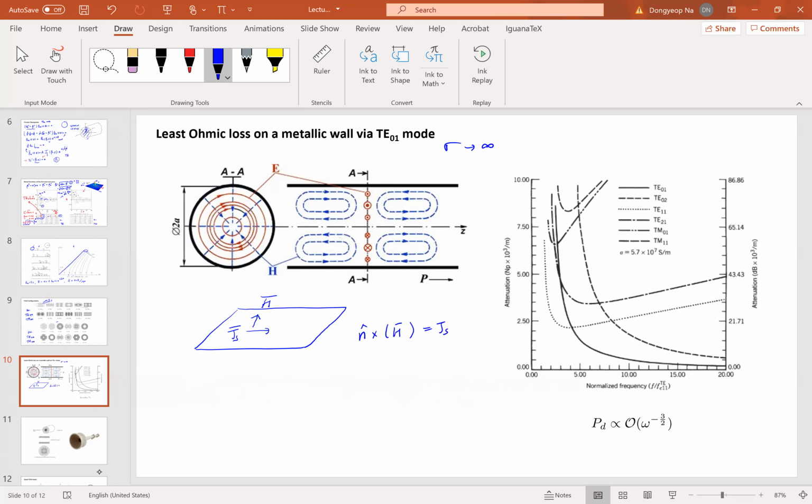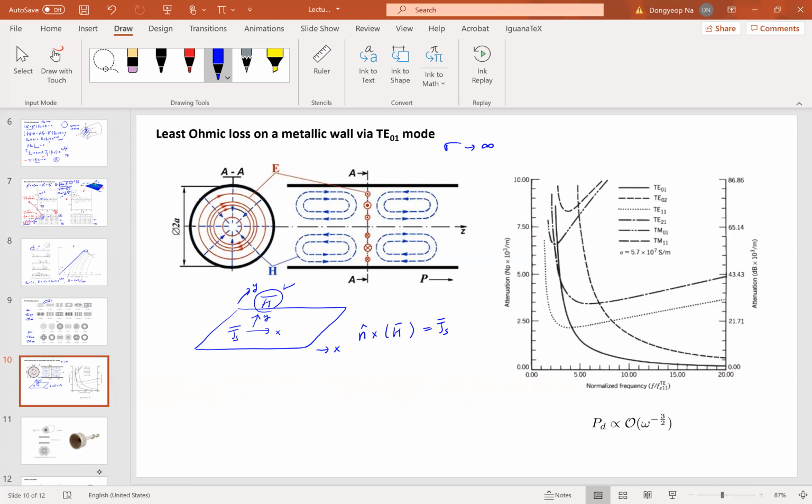It's gonna be surface current. By the way, this is X and Y. In this case, current is flowing in the X direction, and the magnetic field is along Y direction. So in order to minimize the ohmic loss, we need to minimize the strength of the transverse magnetic field.